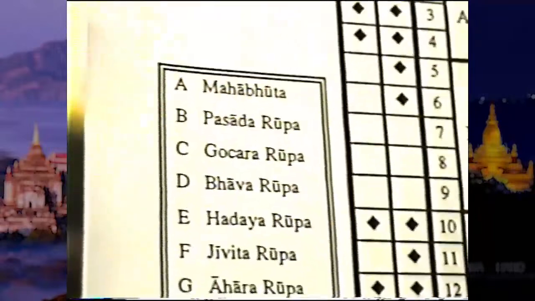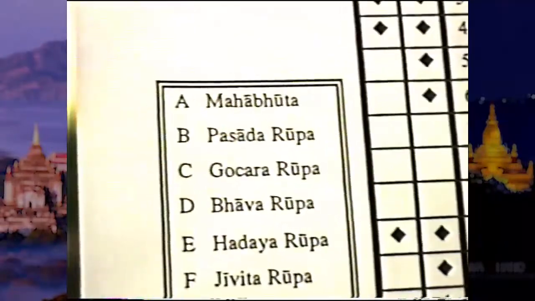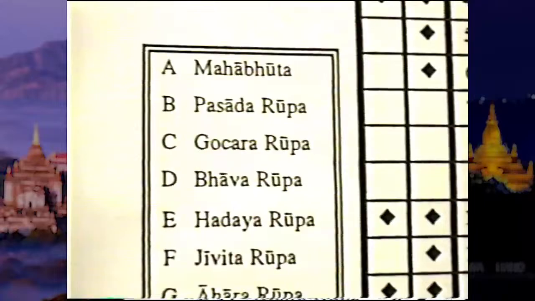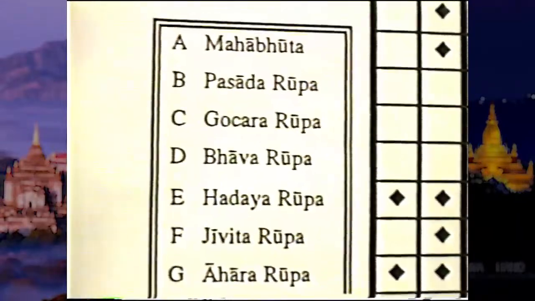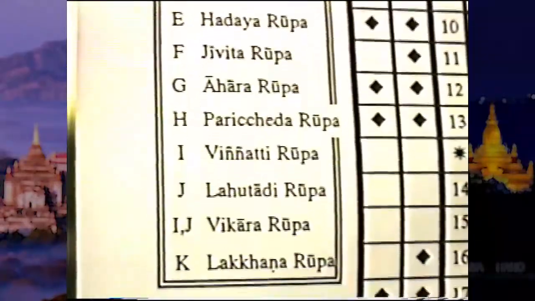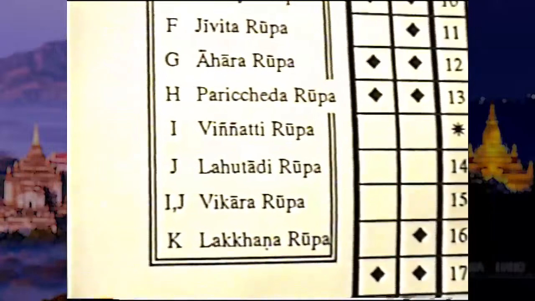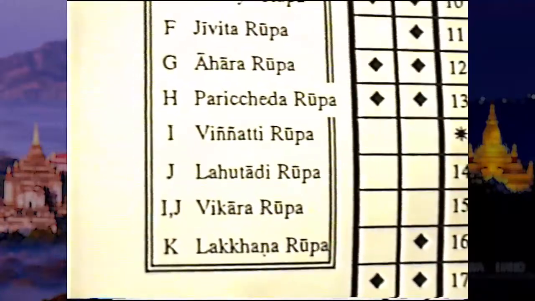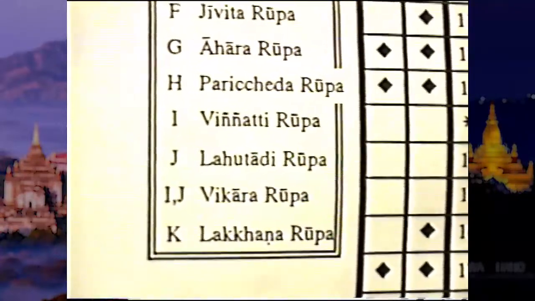And now the names in the box, A, B, C, D, and so on. So A, Mahabhuta, B, Pasada Rupa, C, Gocara Rupa. Gocara means objects. D, Bhava Rupa, E, Hadaya Rupa, F, Jivita Rupa, G, Ahara Rupa, H, Paricheda Rupa, I, Vinnatti Rupa, J, Lahutadi Rupa, I and J together, 5, Vikara Rupa, and K, Lakkhana Rupa.